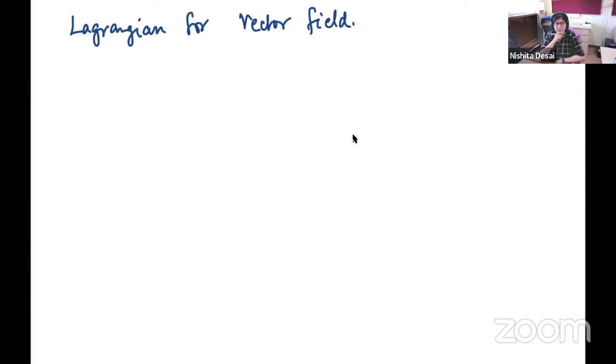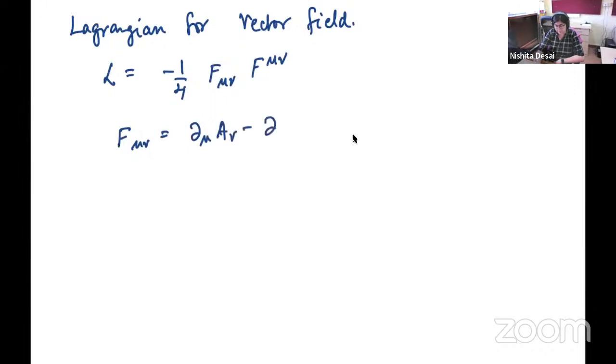It usually happens in the second field theory course. So I'm just going to write this down, and I'm going to try to heuristically explain what this is. Okay? So the Lagrangian looks like this, okay, where F mu nu is defined in the following way.